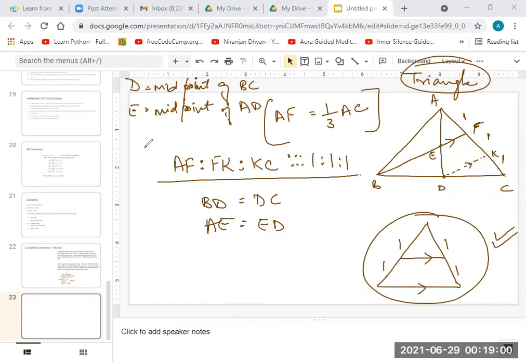You have to prove that AF is equal to FK is equal to KC. Any idea how to do it?